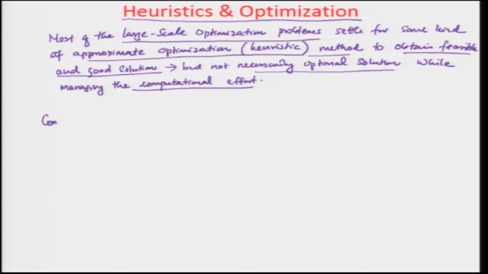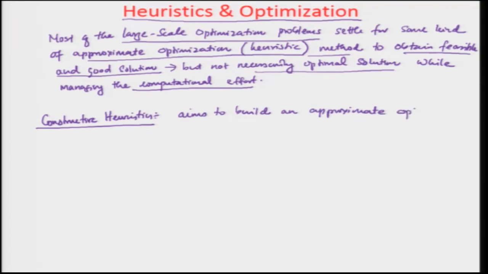The one thing you need to learn about this point is called constructive heuristics. Okay. Constructive heuristics aim to build an approximate optimum incrementally. So, step by step you make an approximate optimum. An approximate optimum is created one step at a time. How do you do it?